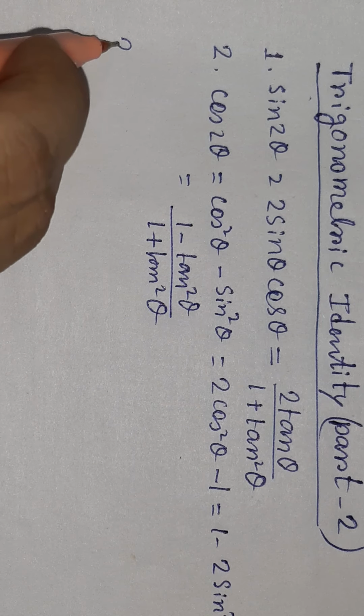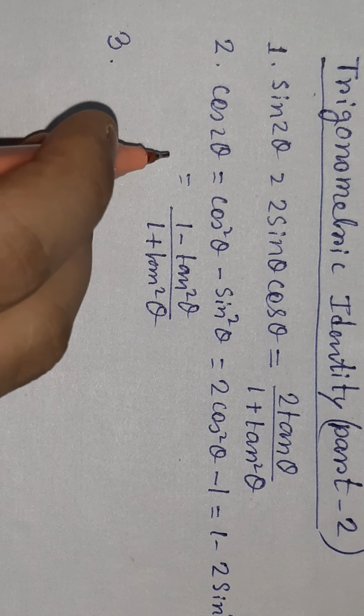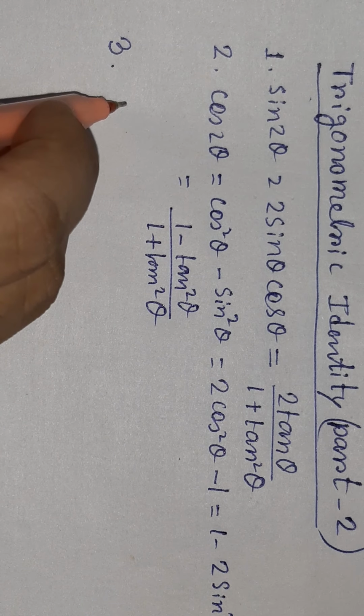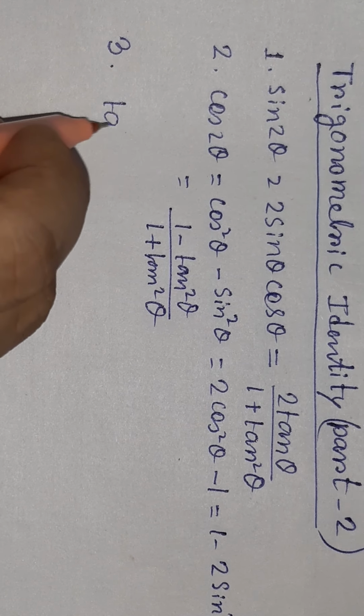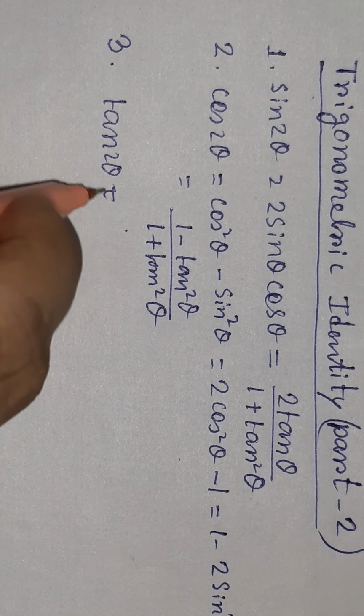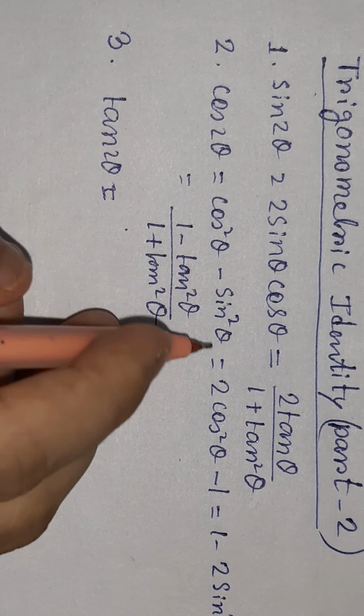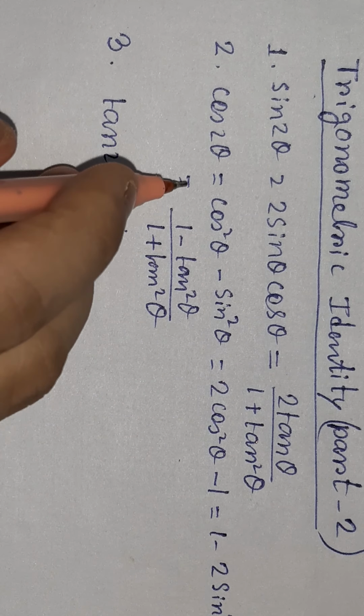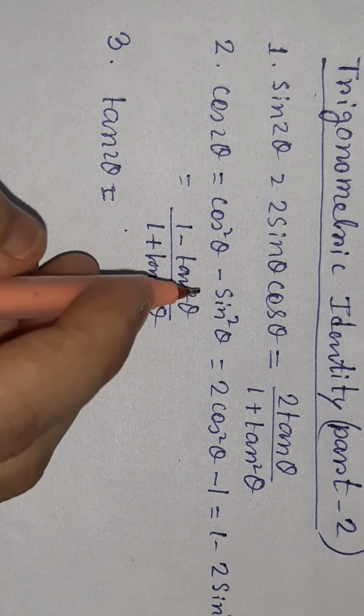And third is tan 2 theta. Tan 2 theta is nothing but you can write it as sin 2 theta upon cos 2 theta, in the simple form.